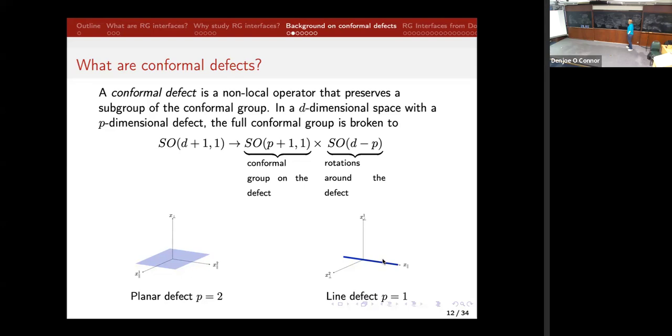In D dimensions, it's the conformal group on the defect itself, and then rotations around the defect.